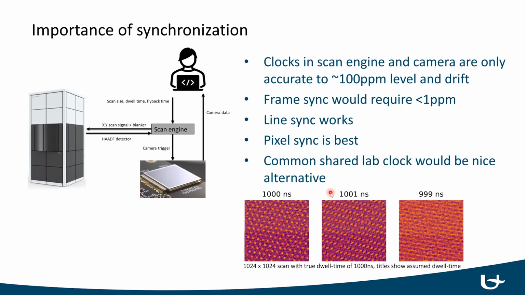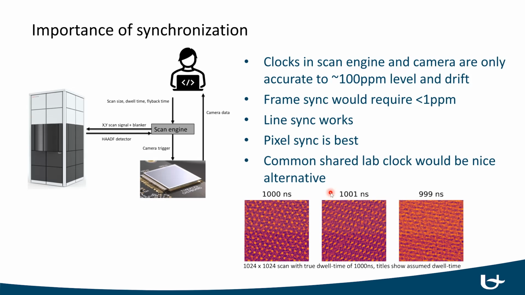Now you have to realize that the clocks in the scan engine, the camera, and anything else that works digitally are made by crystal oscillators, and they typically have accuracies of up to something like 100 ppm. They also drift with time and temperature. So the clocks of your scan engine and your camera will not be synchronized better than, let's say, 100 ppm.